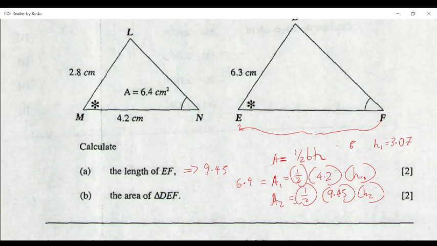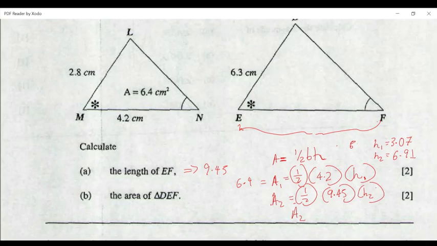So we already know that the ratio is 1 to 2.25. So height 2 is 3.07 times 2.25, which is 6.91.